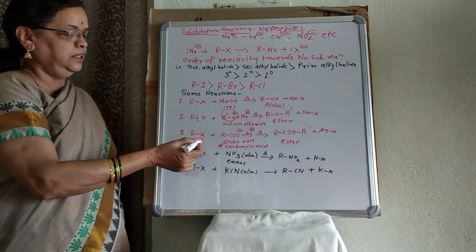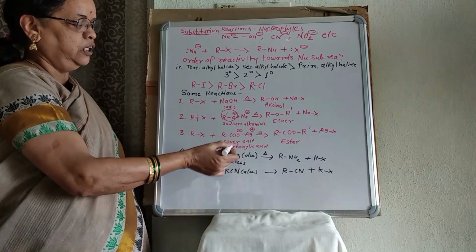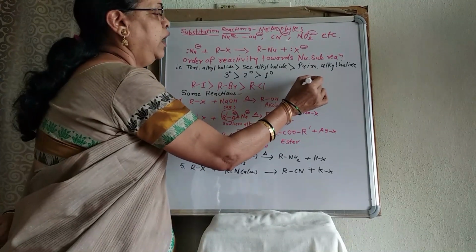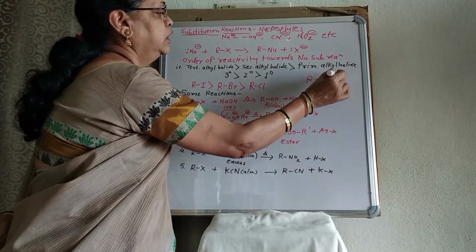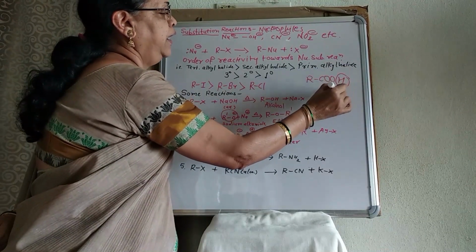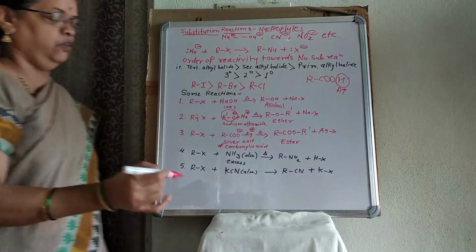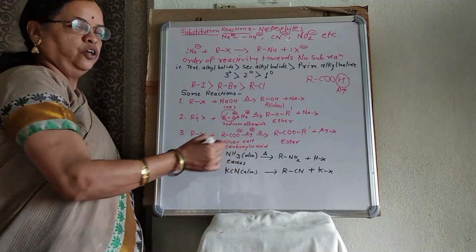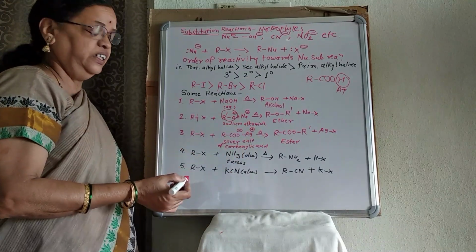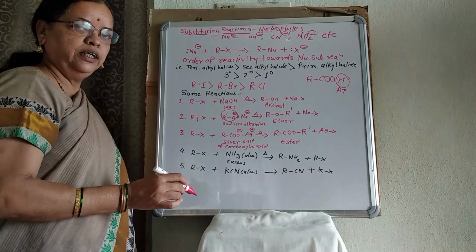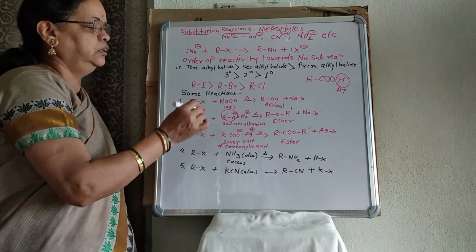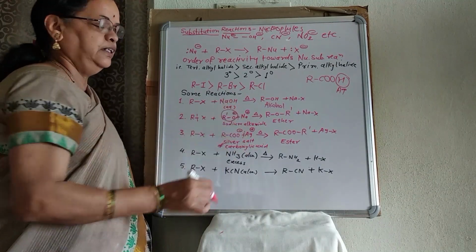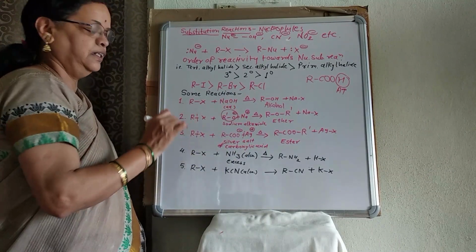Another reaction: the silver salt of a carboxylic acid. You know that a carboxylic acid has the formula RCOOH. From this, H is replaced by Ag, and the compound formed is called the silver salt, RCOOAg. It is also ionic in nature, as NaOH is also ionic in nature, so all these form ions first. In RCOOAg, Ag is replaced, and from RX, X is replaced.